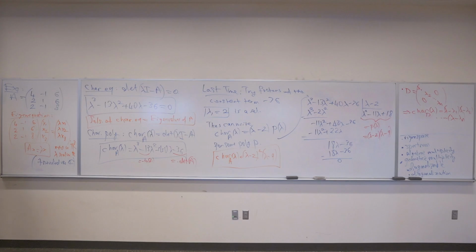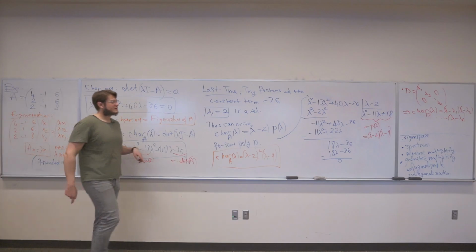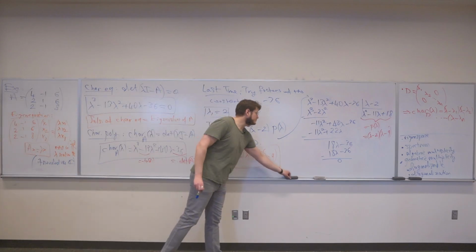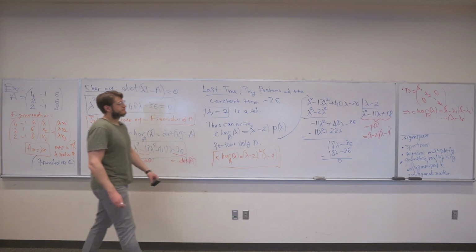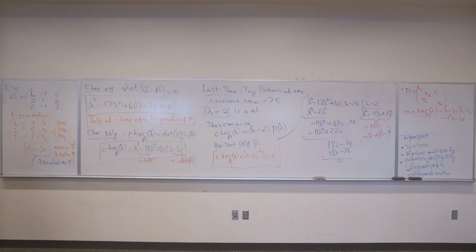Any other comments or questions so far? See, the algebra is getting more and more complicated. Eventually we're going to start appreciating things like the spectral theorem and the singular value decomposition.